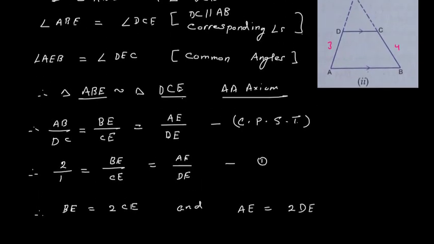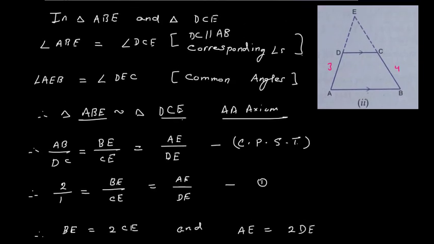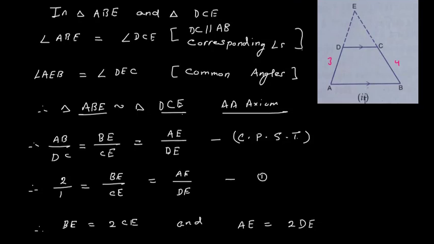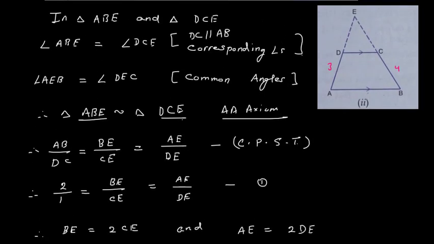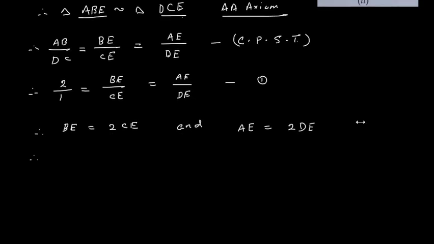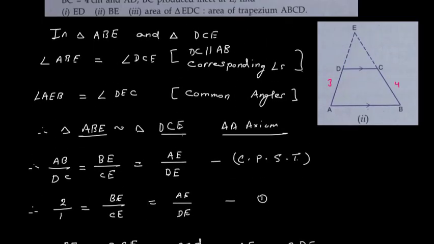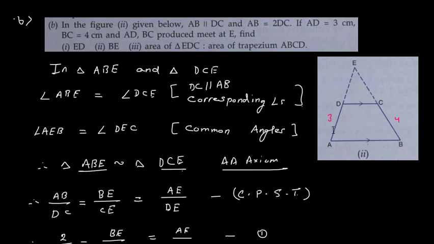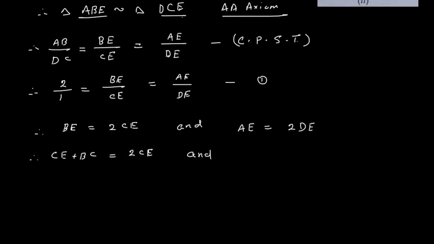Now this BE, we can write BE is equal to CE plus BC. So therefore CE plus BC equals 2 times CE. And in the same way, this AE, I will write ED plus AD, and ED plus AD equals 2 times DE. DE or ED, one and the same thing.